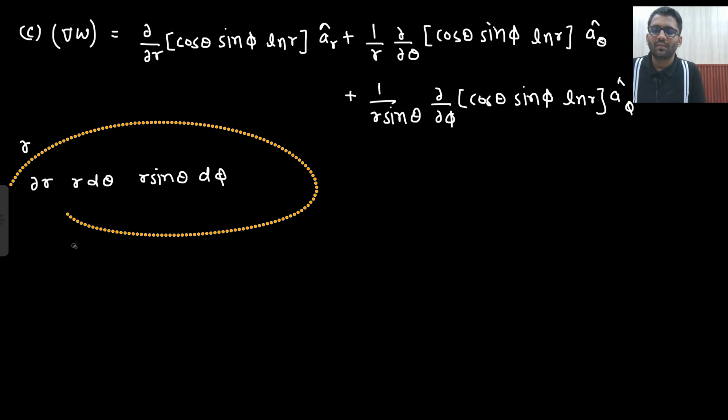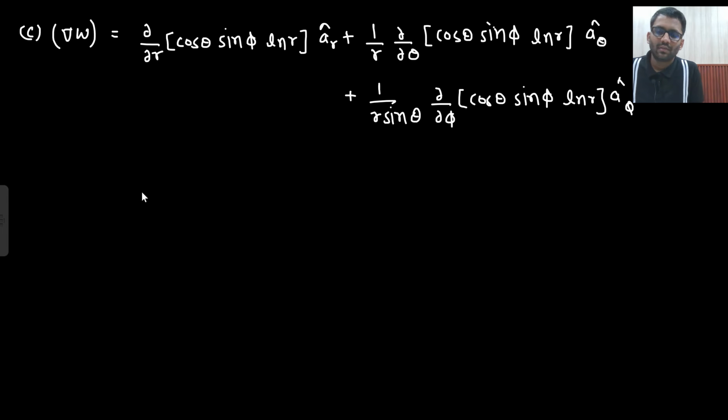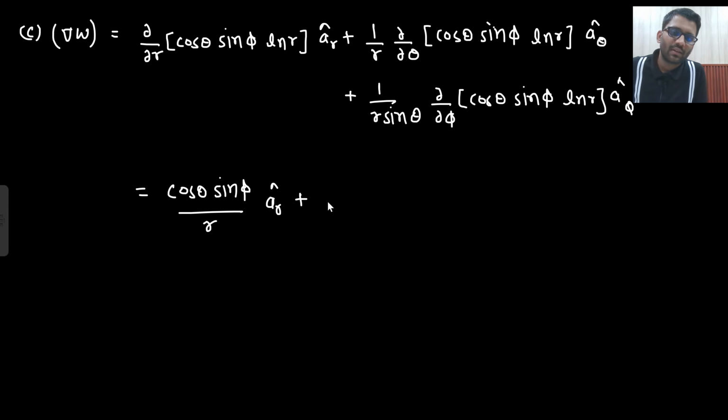Okay, cos theta sin phi, and differentiation with respect to r of ln r will be 1 by r, ar cap plus 1 by r, with respect to theta I need to do. So ln r and sin phi will come outward. So ln r by r sin phi, what will be the differentiation of cos theta? That will be minus sin theta, right?